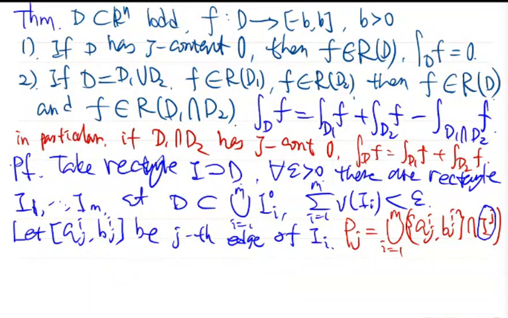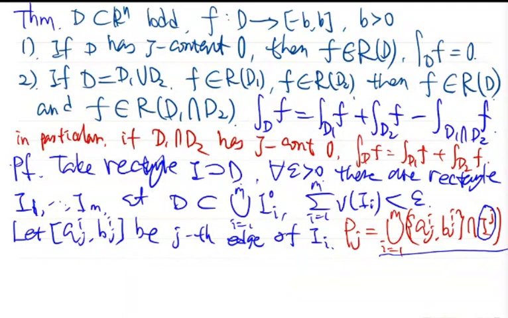So anyway, we add the endpoints of the j-th edge of Ii into the j-th edge of I, and so obtain a partition of the j-th edge of I, denoted by Pj.